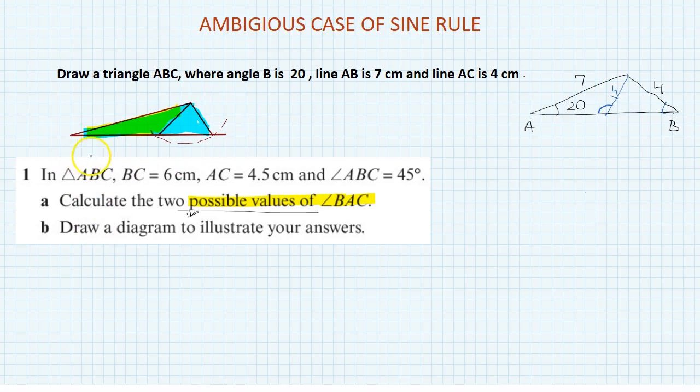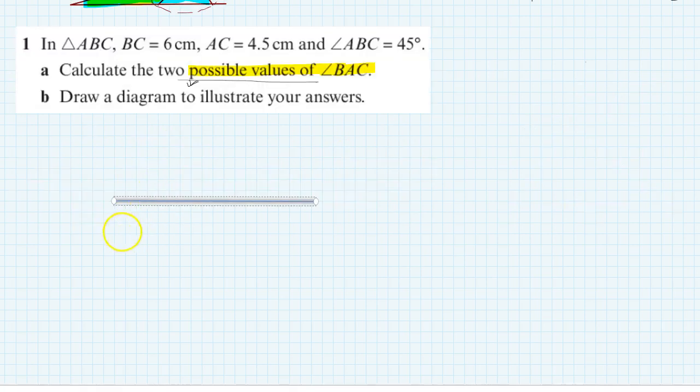Let's take this example to make the ambiguous case very clear. In a triangle ABC, let's say this is BC, AC is 4.5. A is somewhere here, so we make a 45 degree angle here.